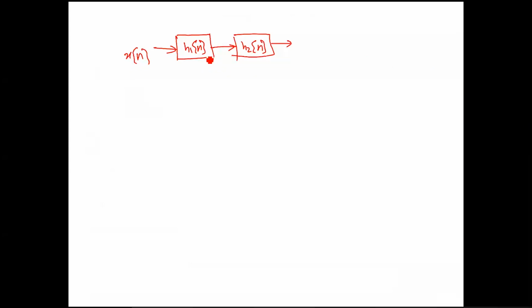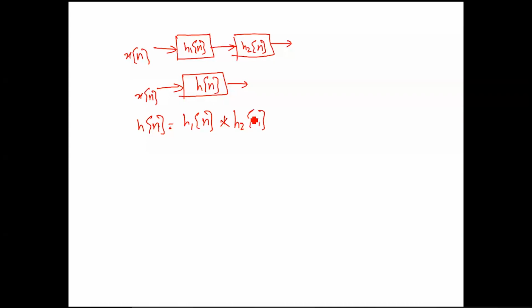Then the equivalent that we will have, let's call that equivalent h(n). So the equivalent is basically the convolution of the first with the other. Now if this one is the inverse of this one, then this convolution will end up giving you delta n.